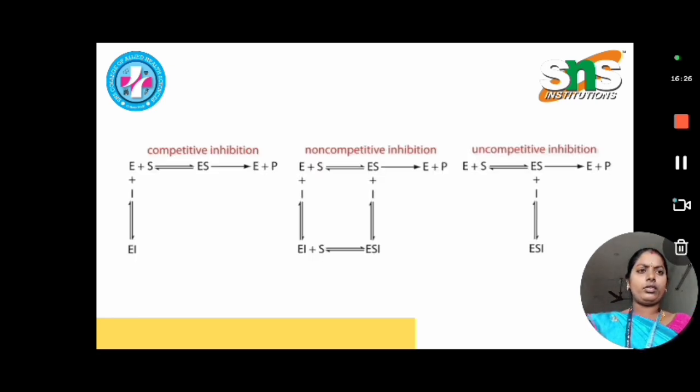In competitive inhibition, the inhibitor competes with the substrate for the enzyme; in non-competitive inhibition, the inhibitor binds elsewhere while the substrate still binds; and in uncompetitive inhibition, the inhibitor comes and binds to the enzyme substrate complex.